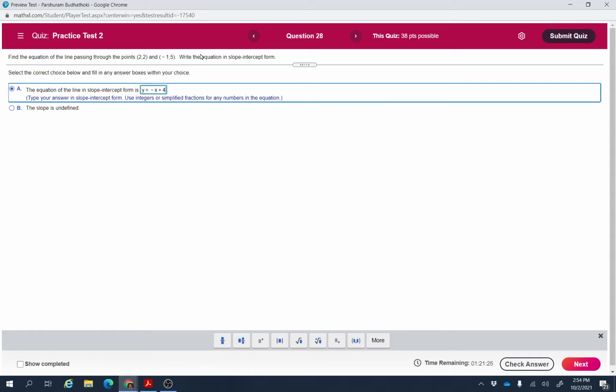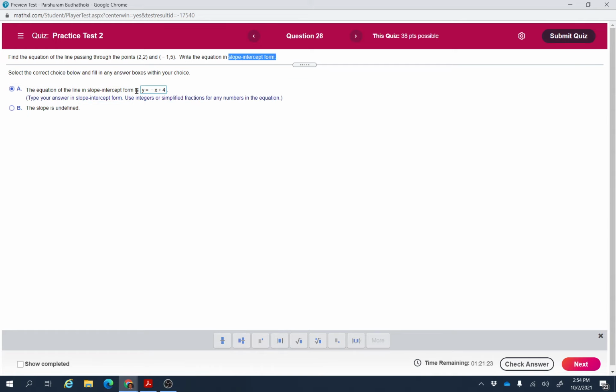Remember, you are looking for the answer in slope-intercept form. If you give the answer in some other form, then your answer would be wrong. Also, read the instruction always. Use integers or simplified fractions. So you cannot use decimals here.